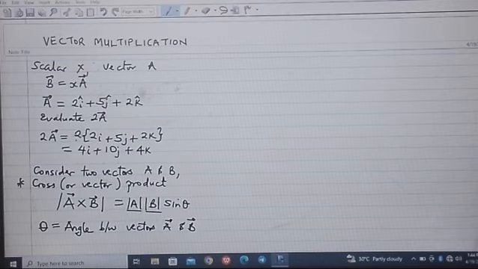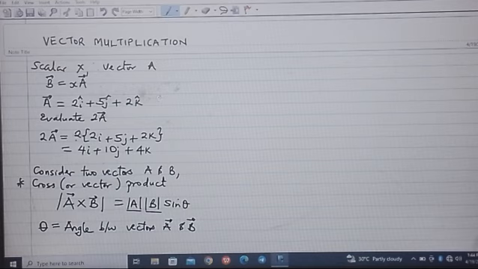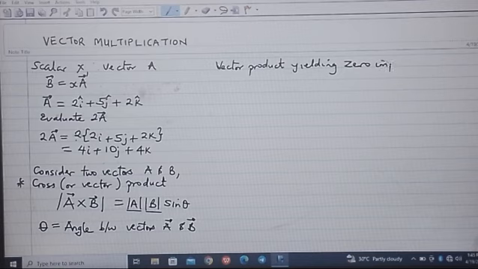Now, there is a condition attached to vector multiplication. If the cross product between two vectors gives us 0, it implies that both vectors are parallel to each other. So vector product yielding 0 implies both vectors are parallel.